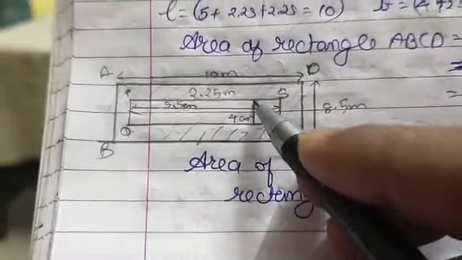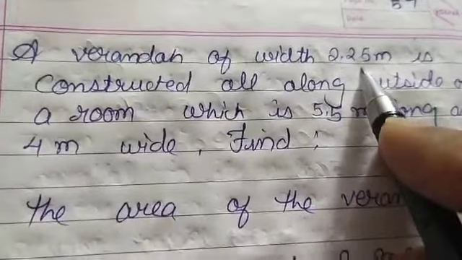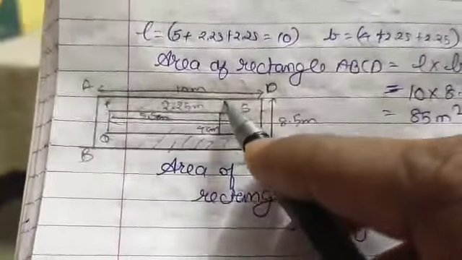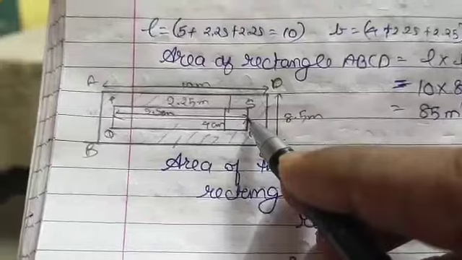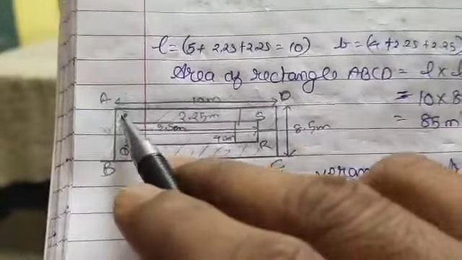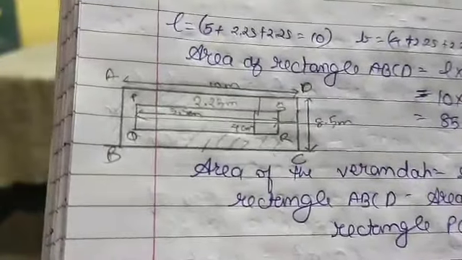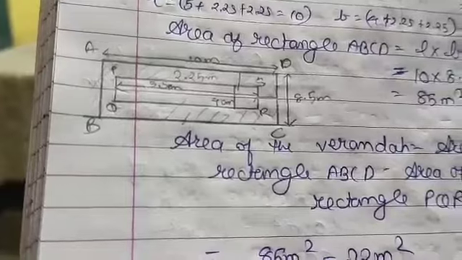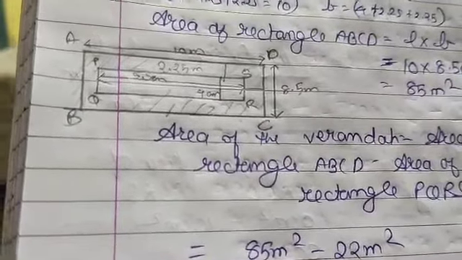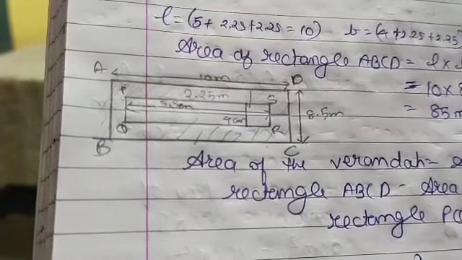Now the veranda is 2.25 meter on all of its sides, that is from here 2.25, here 2.25. So to find the area of ABCD, the area of the room including the veranda, I have to find its length and breadth.